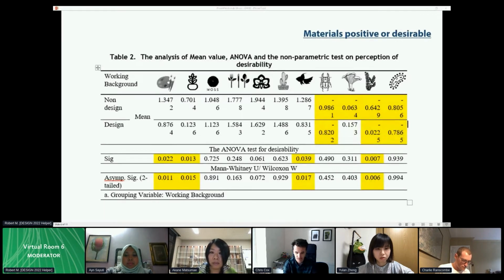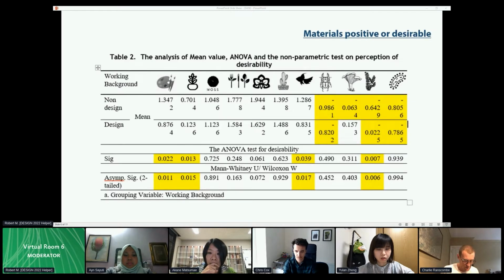As you can see, here are the descriptive analysis of mean value, ANOVA, and also non-parametric tests using SPSS. A mean score uses a scale of 3 for very, 2 for quite, 1 for slightly, and 0 for neutral, mainly for positive and negative rating.